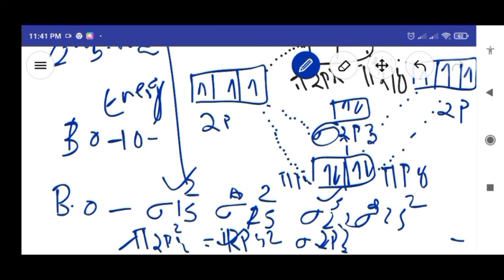So 10 minus antibonding 4: sigma star 1s2, sigma star 2s2. So 10 minus 4 by 2 is 6 by 2, that is 3. Bond order is 3. In a similar method we can draw the energy diagram with other molecules also. So I hope all of you understood this topic.